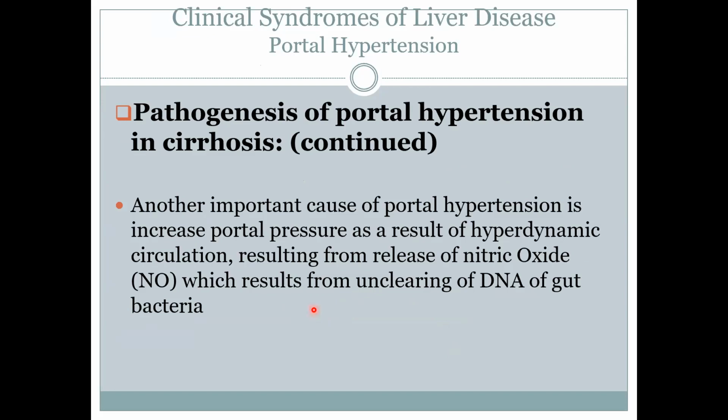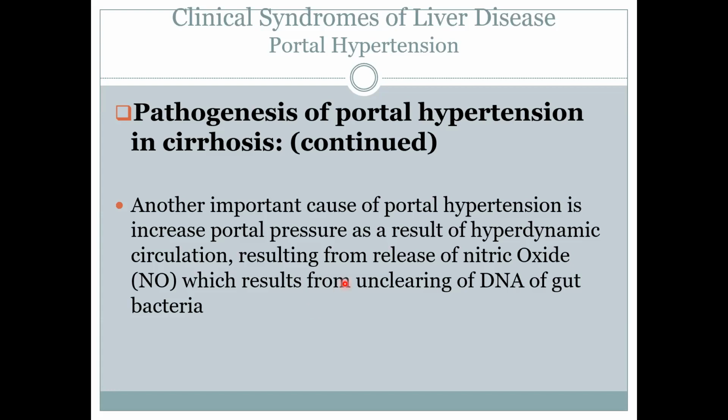There's also one more factor why a patient with liver disease may have portal hypertension. So remember that everything now is going back to the liver in a very slowed fashion. It's still coming in, but very slowly. As a result of that, there's a lot of bacteria in the GI tract that are going to die, leaving their DNA behind, but the DNA is not going to be cleaned up fast enough.